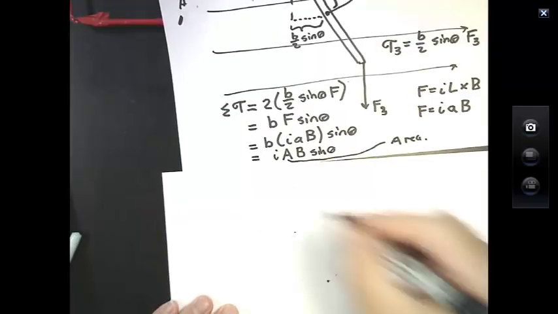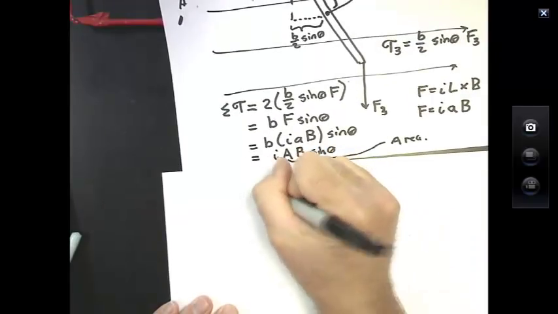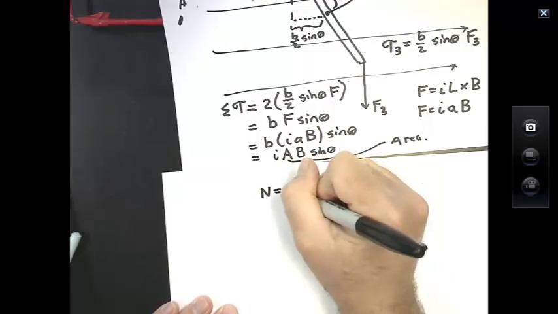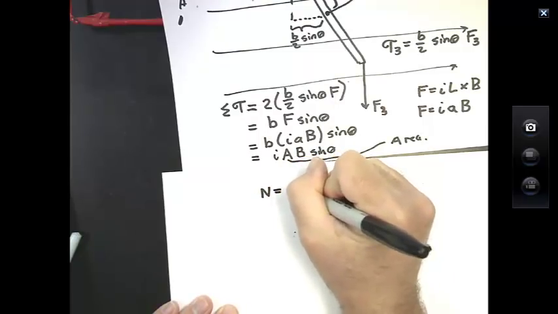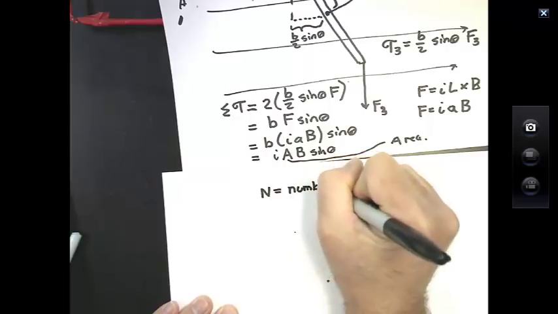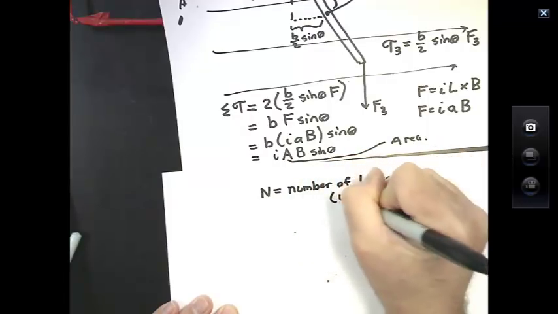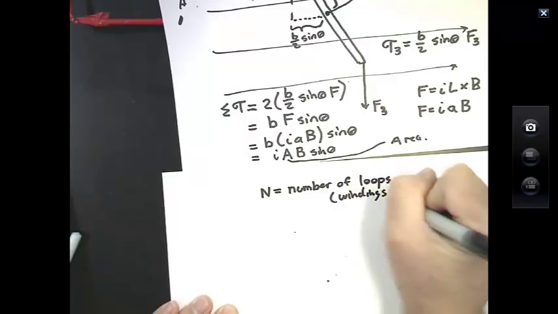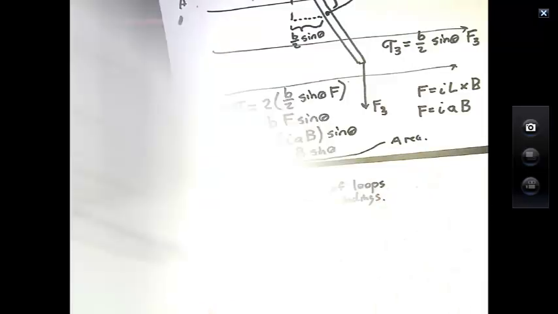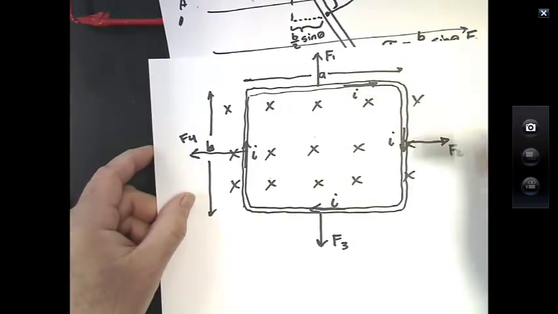Now, one more thing. Let N equal the number of windings, the number of loops. So in other words, our loop doesn't have to be made of one wire.